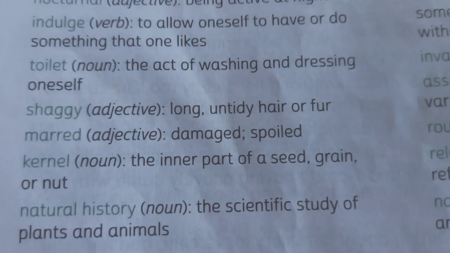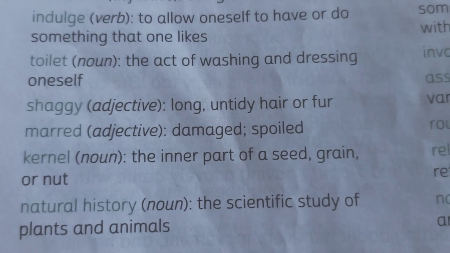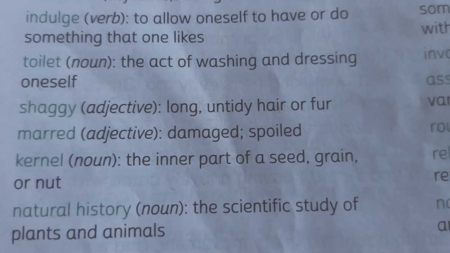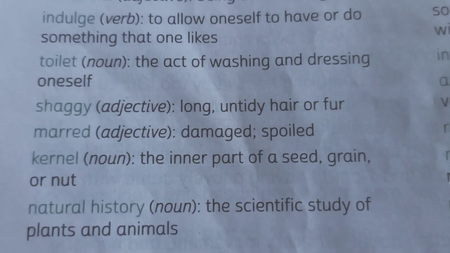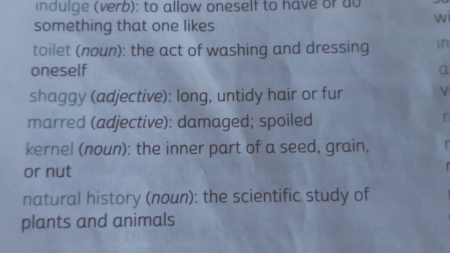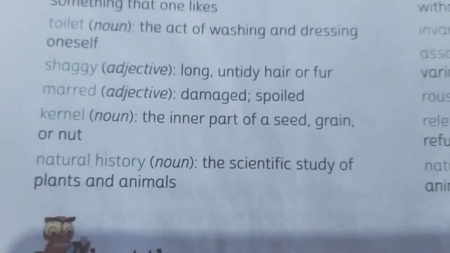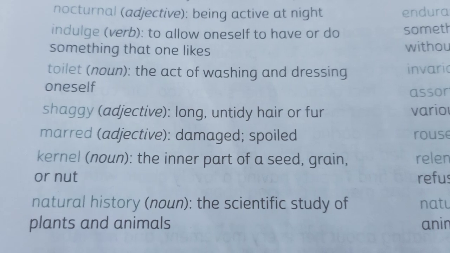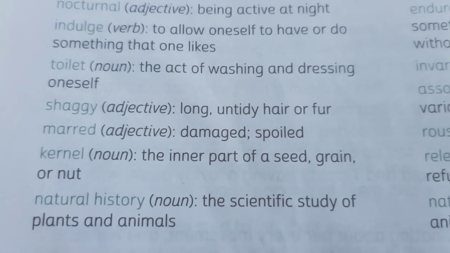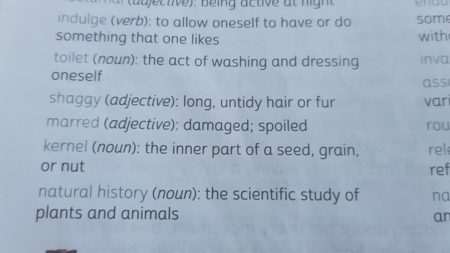What's the meaning of kernel? The inner part of a seed, grain or nut. When we open the seed of any plant or fruit, the inner part we see in it is known as the kernel.